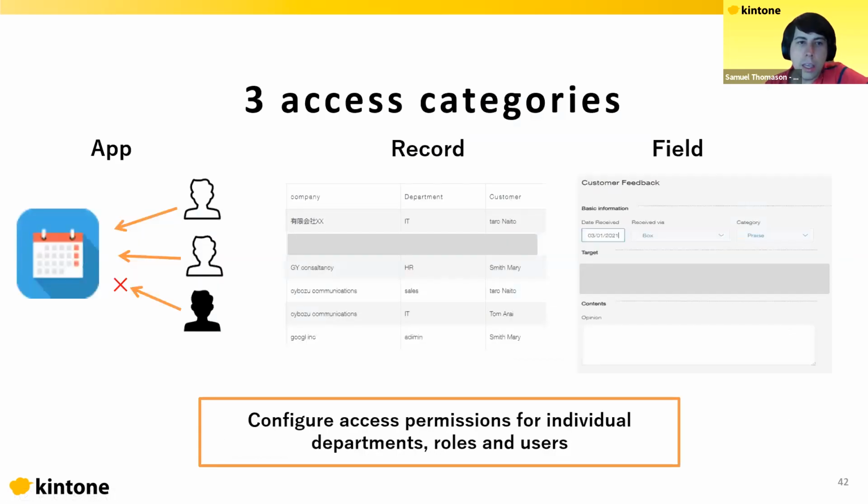Definitely a winner. Okay. Also, Kintone has some great access restriction features. So if you want to restrict a particular app, let's say you have an HR app for payroll that you don't want seen by anybody out of HR, you can set that up in that way.